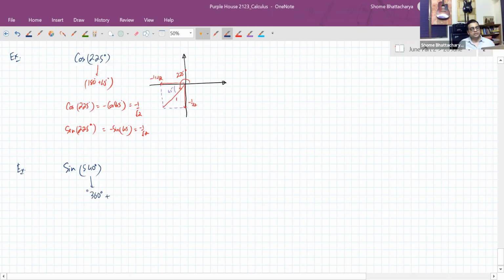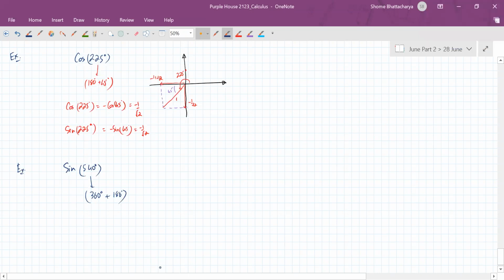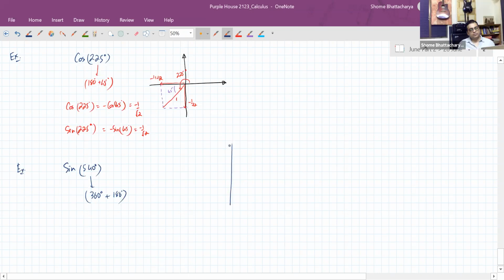It is 360 plus 180. So I'm rotating my vector by one full circle of 360 and then another 180. So where is my vector located? It's located at 180.